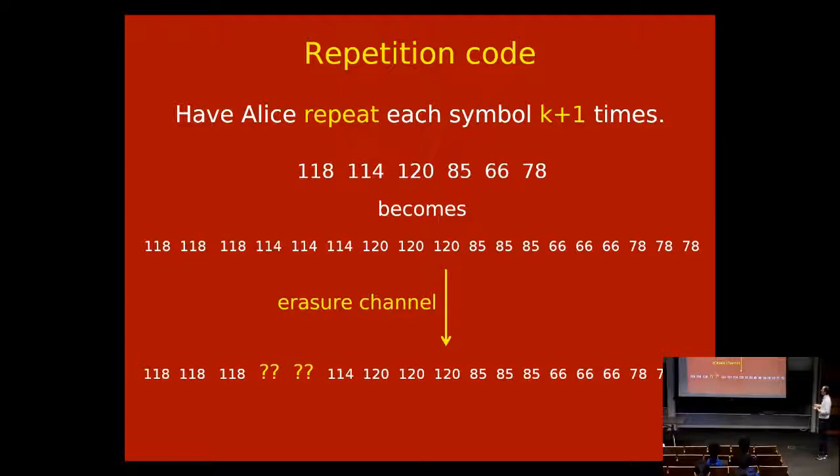Even in the worst possible case, like if you erase 2 symbols from a block of 3 that are all the same, it's okay. Bob still knows that the second symbol overall was supposed to be 114. In general, if you repeat each symbol k plus 1 times, even if k erasures all happen within the same block, Bob can figure out what the symbol was supposed to be.